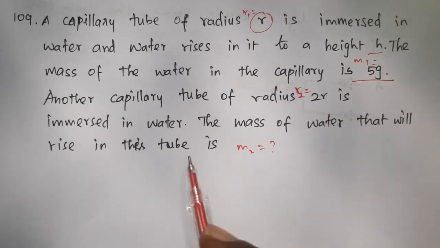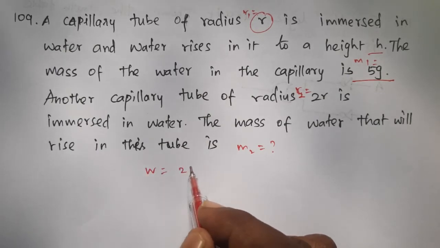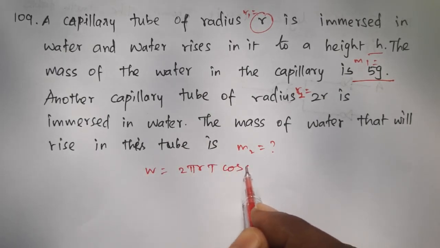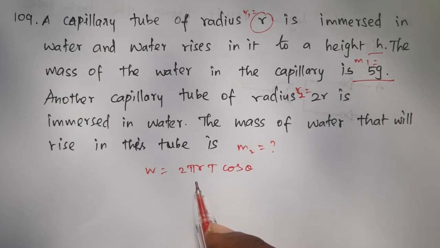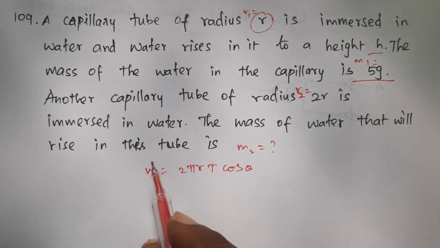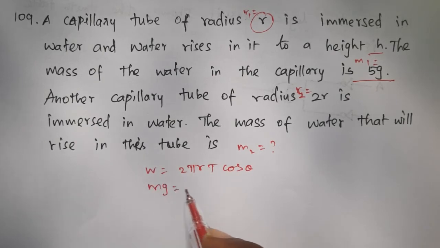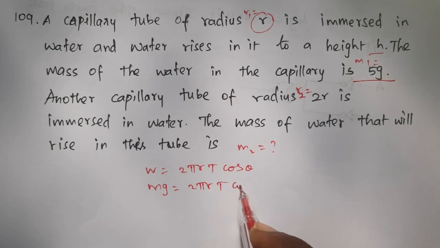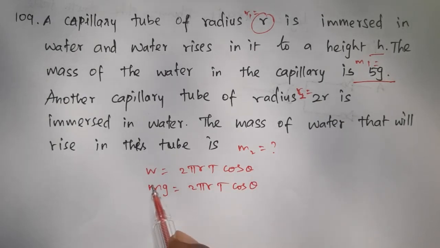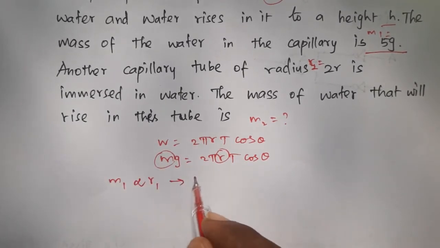For this case, the weight formula W is equal to 2 pi r T cos theta, where r is the radius of the capillary tube and T is the surface tension, W is the weight of the water. So mg is equal to 2 pi r T cos theta. Here m and r are directly proportional. So m1 is directly proportional to r1, let this be equation 1.